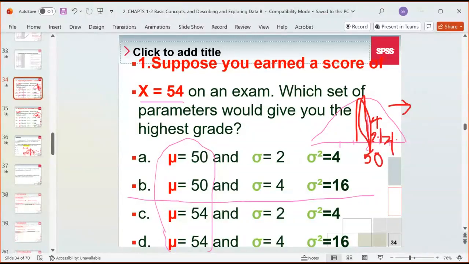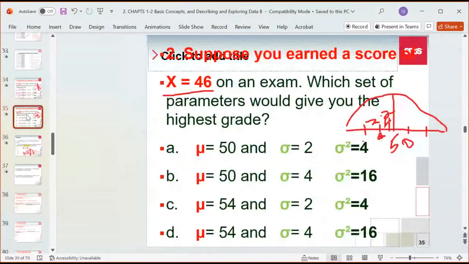That's good. Above the what? Above the average guy, that's what the mean is, the average. Even though your score is 54, you're still 2 standard deviations above the average student. But if the standard deviation is 4, then that puts you only 1 standard deviation above the mean. So you'll be better off, of course, with A. You can guess this one yourself, even though the descriptions are there too. It's the same thing.